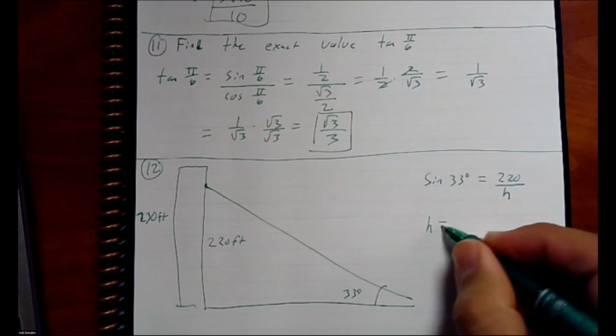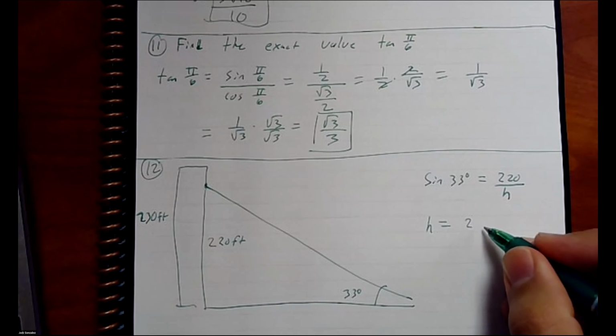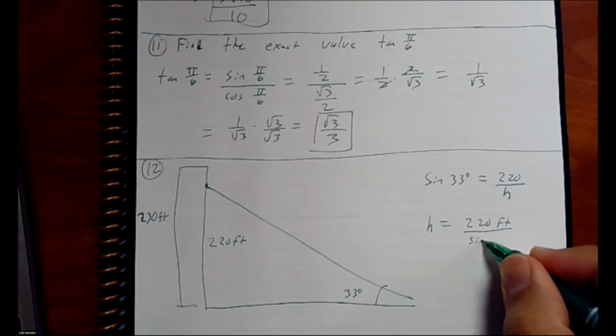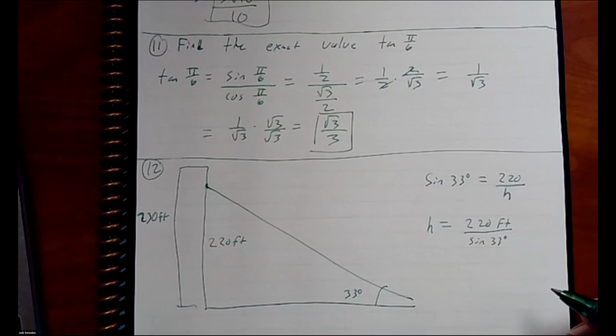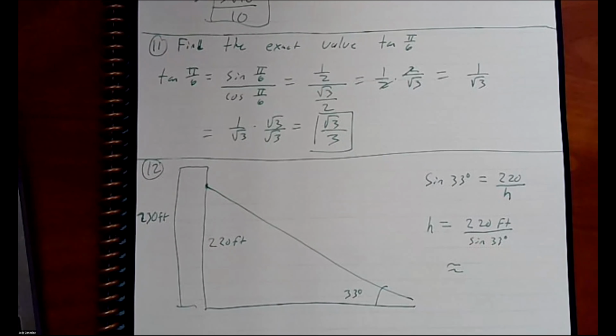So do some algebra. H would be 220 feet over sine 33, which is approximately something.